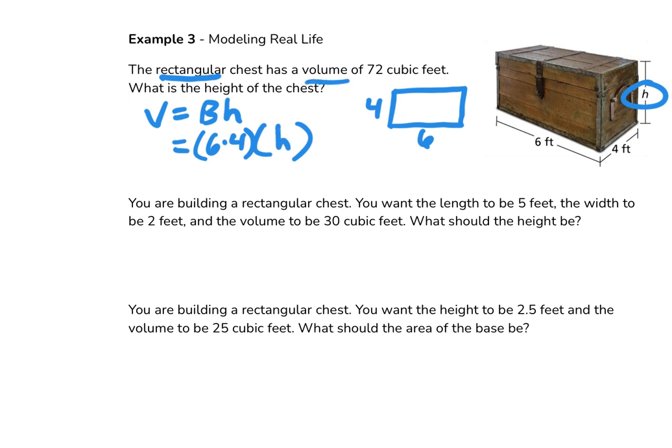They do give us the volume. The volume is 72. So this is just a solve backwards type of question. 6 times 4 is 24. So that would be 24H. And then it's just a one step equation. 72 divided by 24 gives me 3 feet. Okay, I probably should label it.